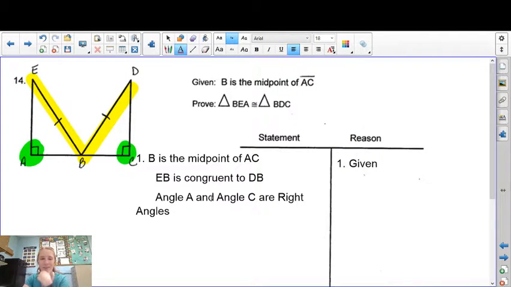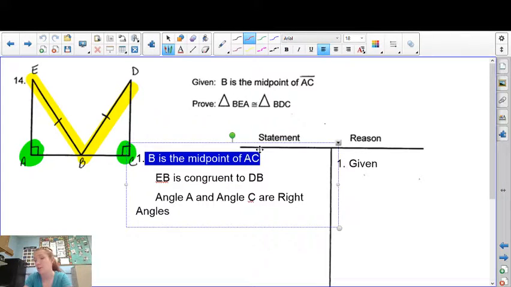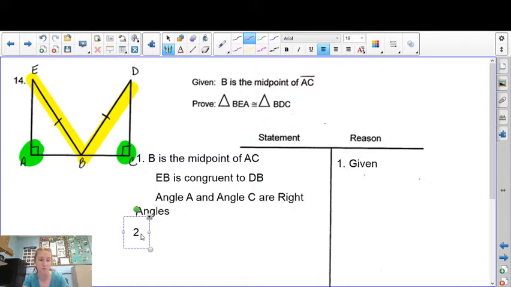Alrighty, so I have stated that I have a midpoint and I haven't done anything with it yet. So let's go back and mark some stuff. Midpoint meets in the middle, cuts in half. That's the next thing I could do. I'm going to go in order. So with midpoint, I'm just going down my given statements, trying to figure out which piece I want to play around with first. I see the word midpoint first, so I'm going to talk about midpoint first. Doesn't matter if you don't, you can do it later. That's just how I like to do it.